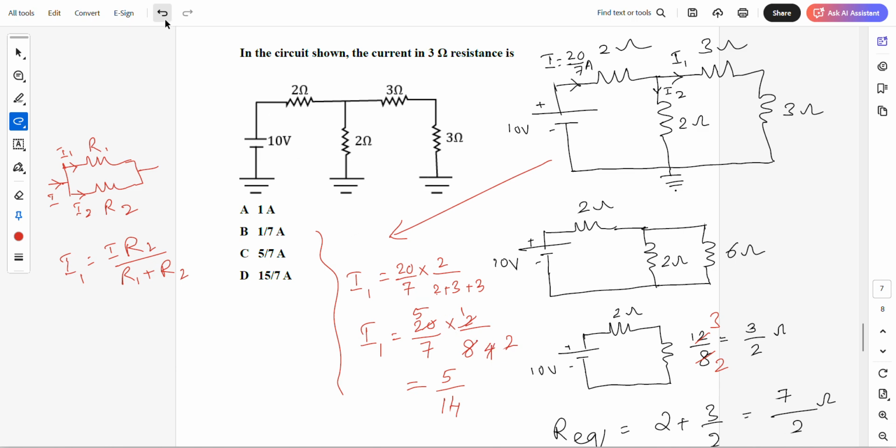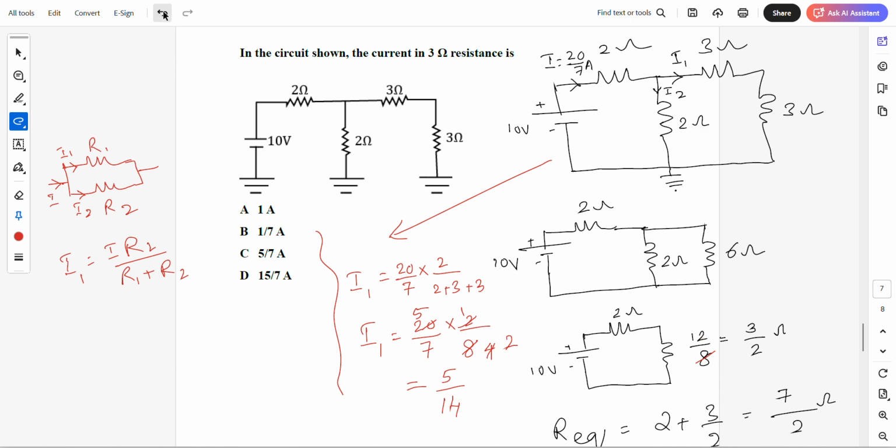Sorry, here you have made a mistake. 4 2s are 8 and this is 4, 2 times you can cancel by 4, 2, and this will be 5, right? This 2 and this 2 get cancelled.